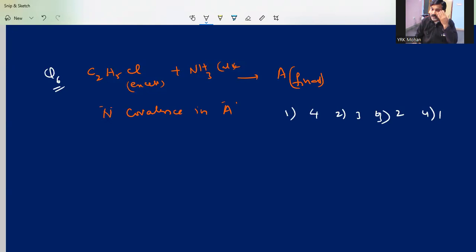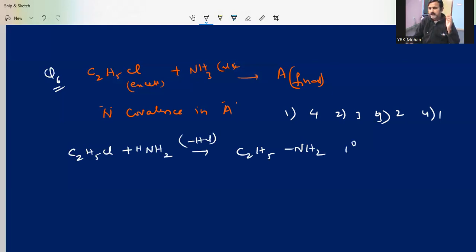Whenever excess alkyl halide is taken, C2H5Cl treated with ammonia, written as HNH2, produces C2H5NH2 after removing HCl. We got a primary amine.